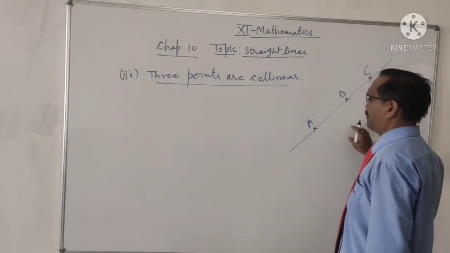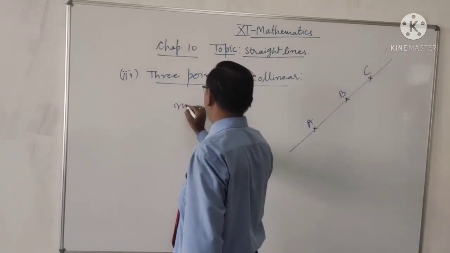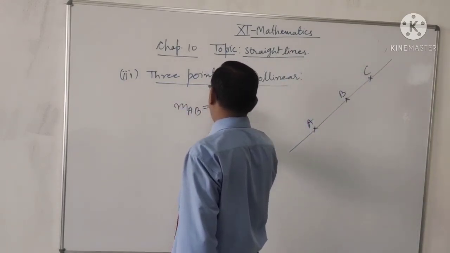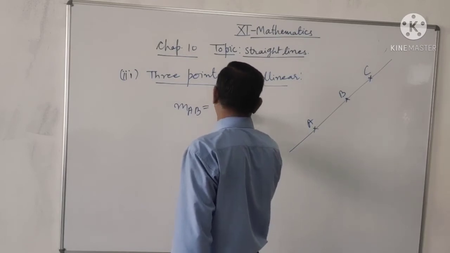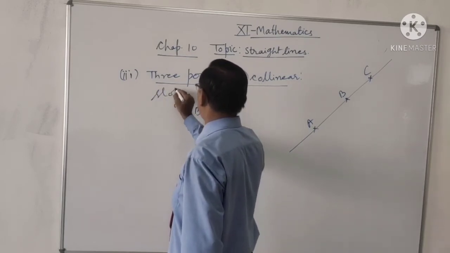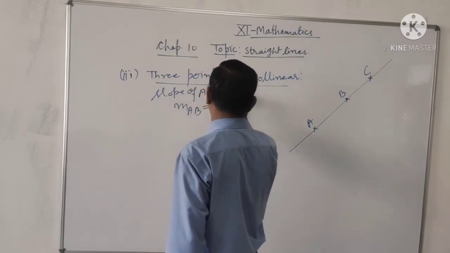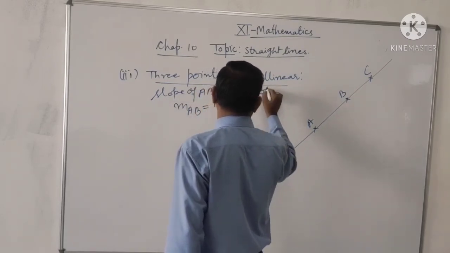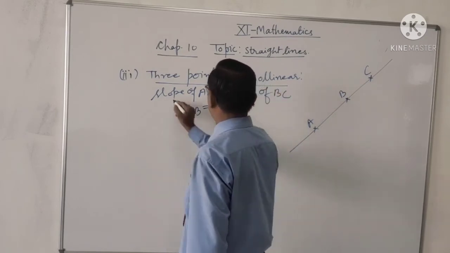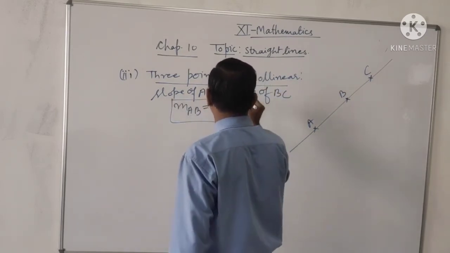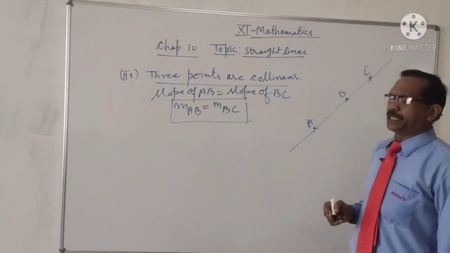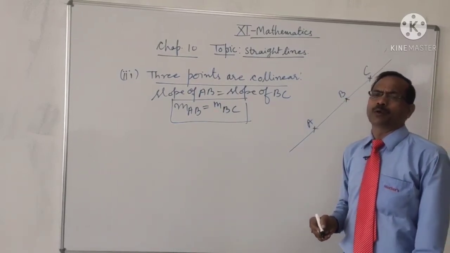And in this case, slope of AB equal to slope of BC. This is the condition for 3 points to be collinear.